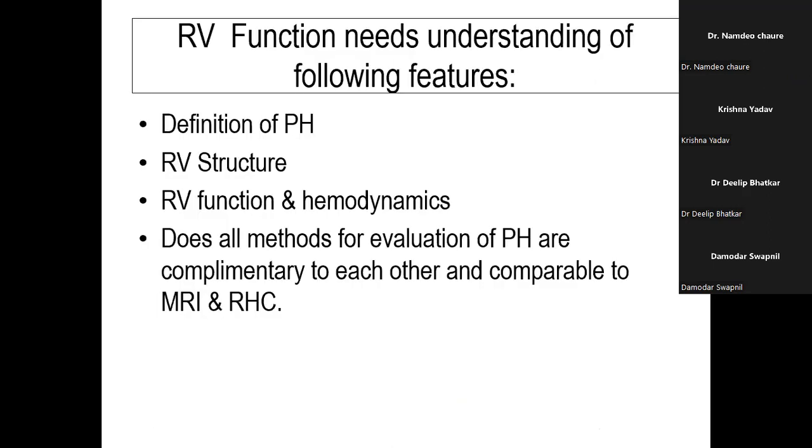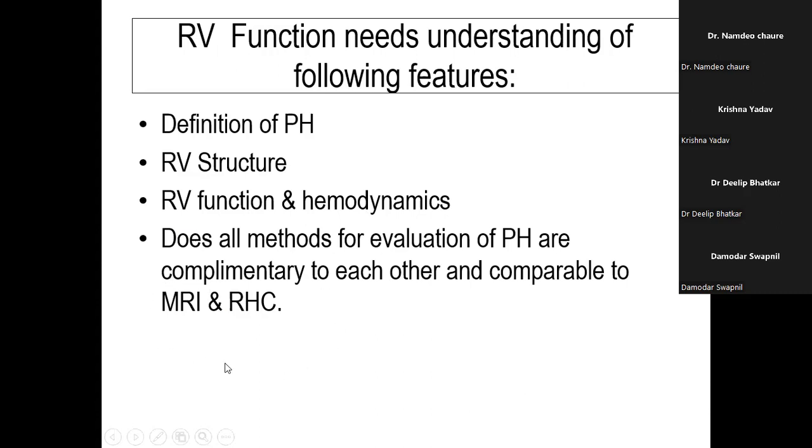A few important things. What is the definition of pulmonary artery hypertension? What are the RV structures, functions, and hemodynamics? Do all methods for evaluation of PH complement each other, or are they comparable to MRI and right heart catheterization? At this point I would like to say that whatever we evaluate in pulmonary artery hypertension has been very well correlated with right heart catheterization as well as MRI.